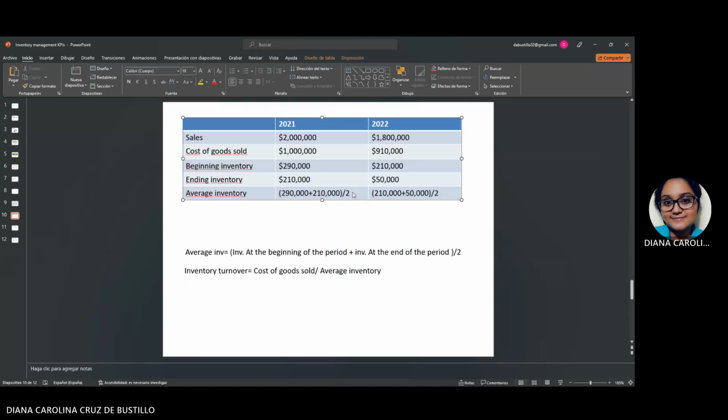So if we do this, this would be 500,000 divided by 2, 250,000. And this one would be 260 divided by 2, 130,000. Of course, it is in dollars, right?